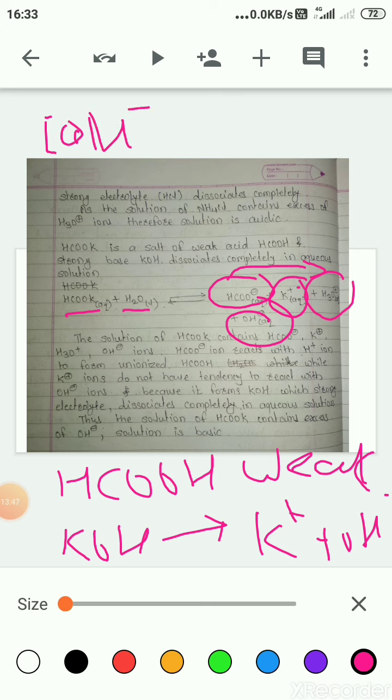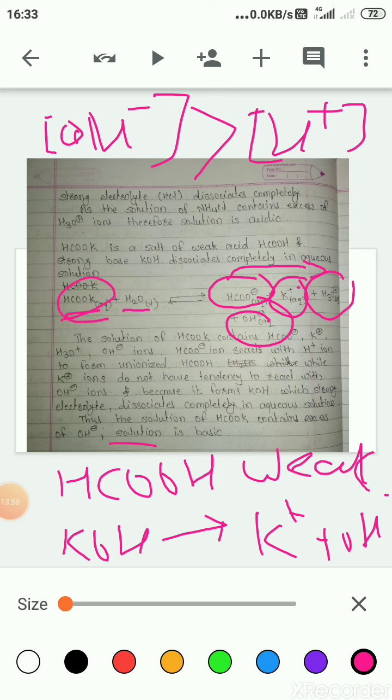Therefore the concentration of OH minus is greater than the concentration of H plus ion in the solution of potassium formate, and therefore the solution of potassium formate is basic in nature.